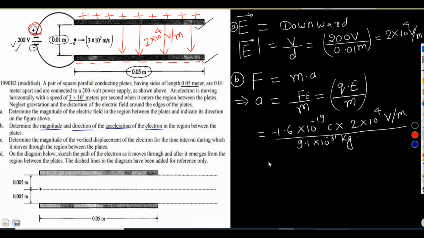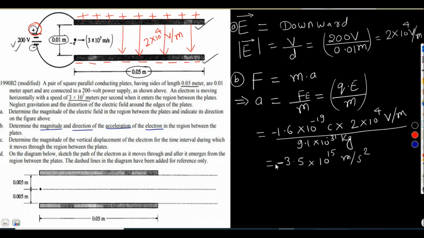After putting all these values, the acceleration will be 3.5 into 10 raised to power 15 meter per second square, and it has a negative value.